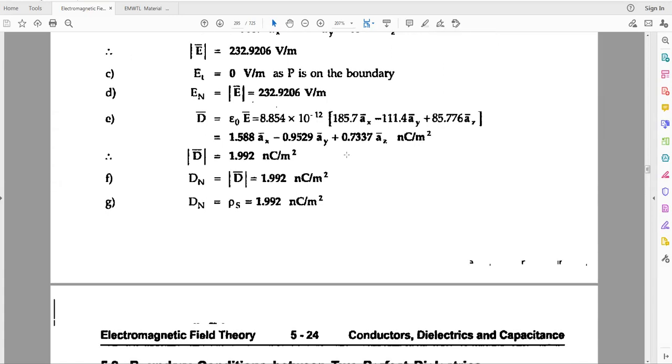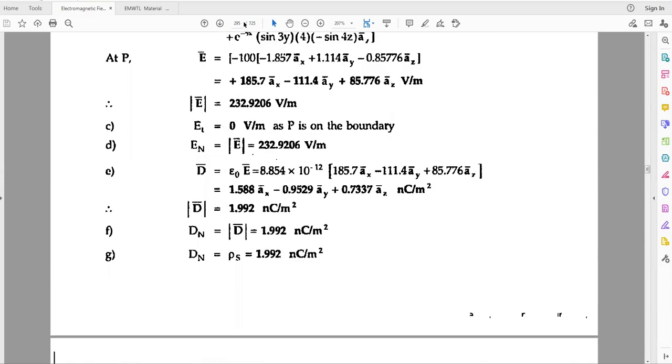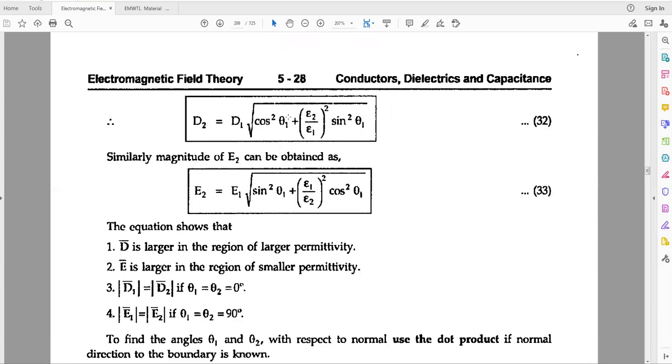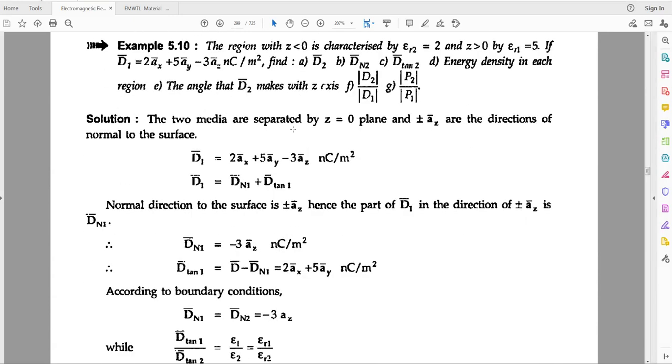The next example: the region with z less than 0 is characterized by epsilon r2 equal to 2, and z greater than 0 by epsilon r1 equal to 5.